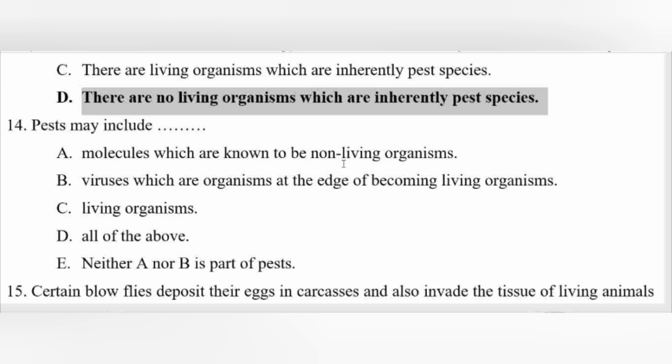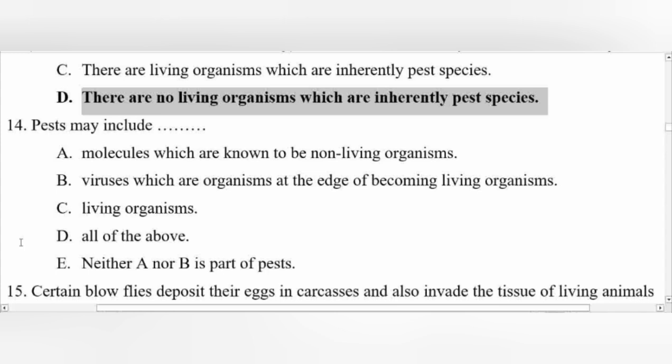They are acellular. The cell is the basic unit of life, remember, or the basic structural and functional unit of life. All living organisms are composed of cells. I don't know if you remember your cell theory. So yes, a pest may include option A, it may include option B, and living organisms, like the macroscopic ones that we spoke about, animals, weeds, plants.